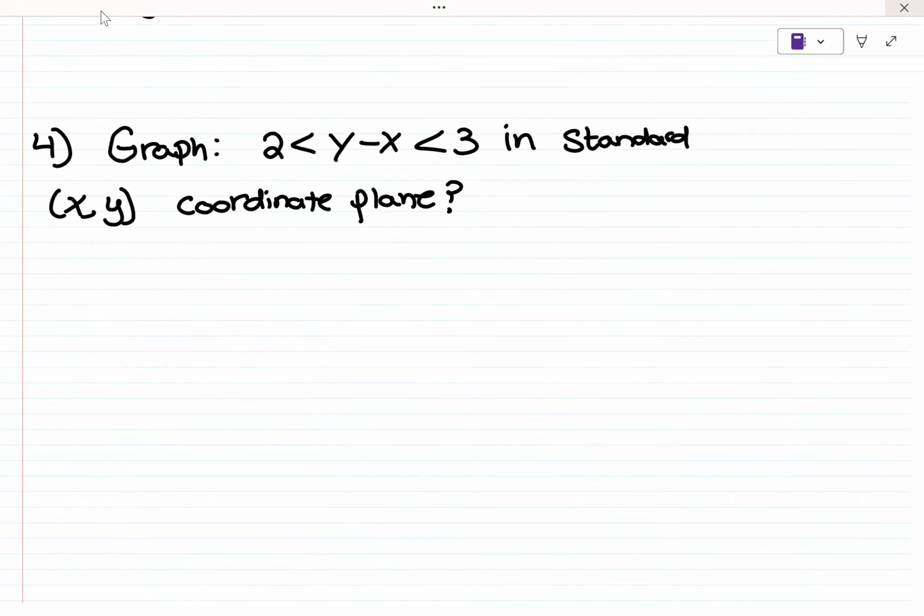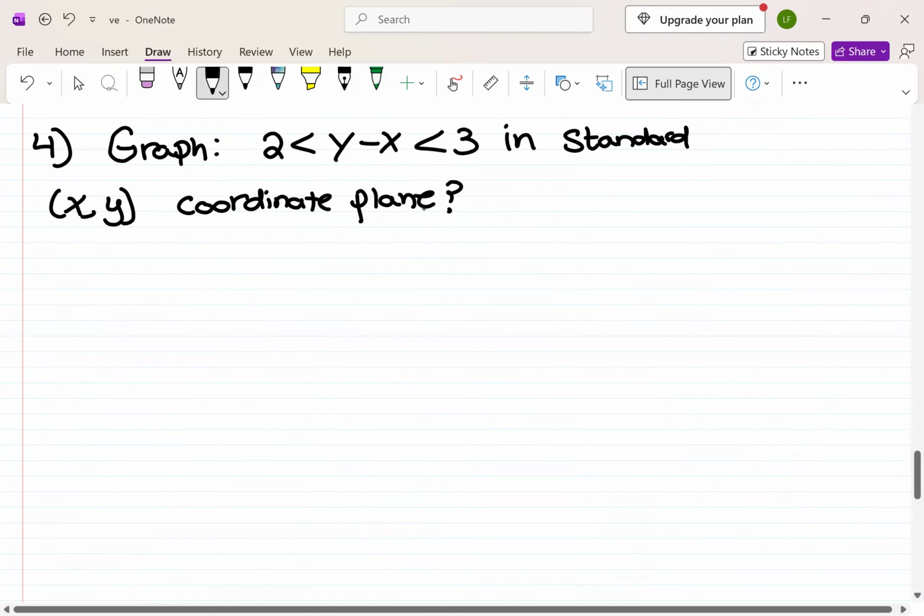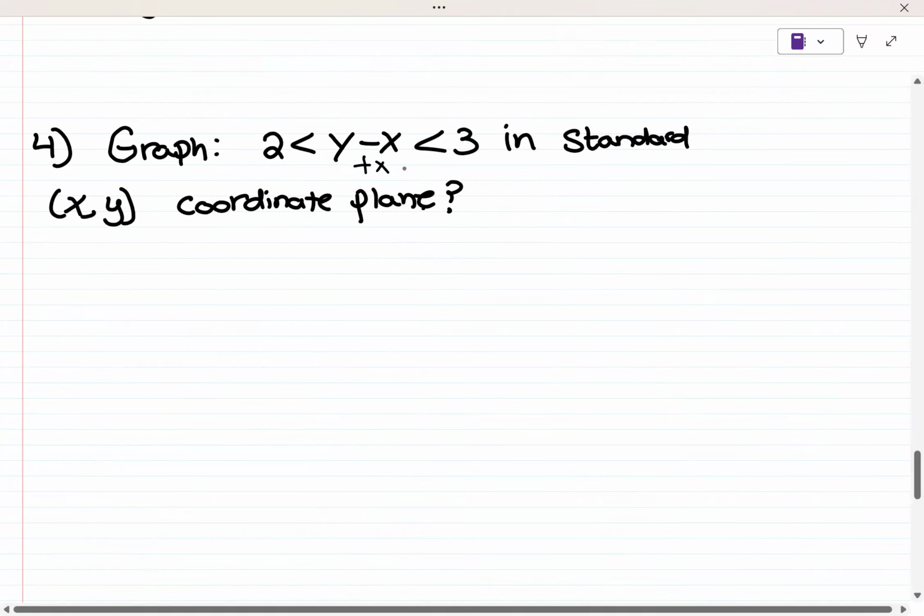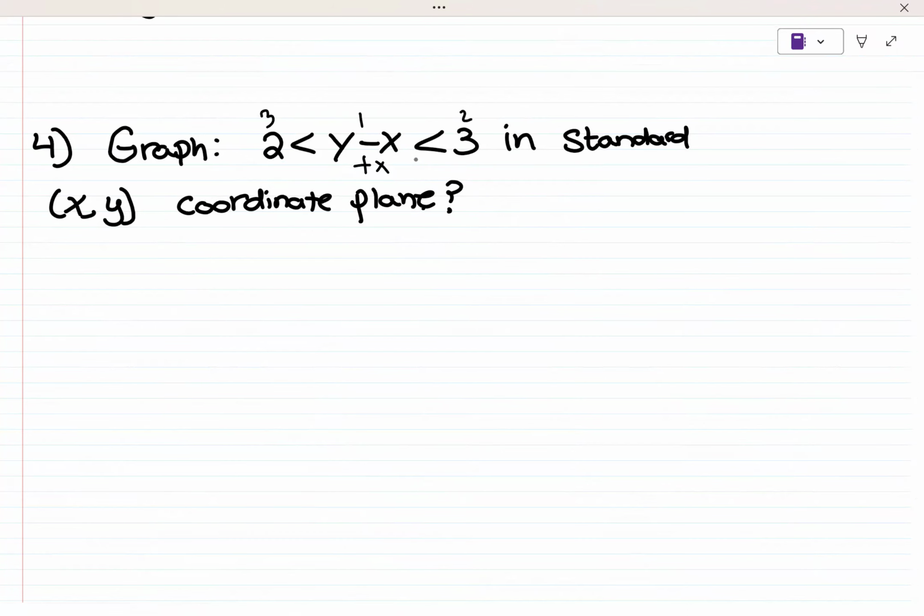kind of get y by itself, right? So over here, I'm going to have to add x. There's three sides: the middle part, the right side, and the left part. So I'm going to add x here, add x there, and I'm also going to add x here. So you get x plus 2 is less than y, and then is less than x plus 3.